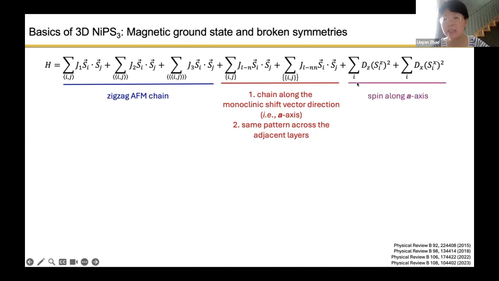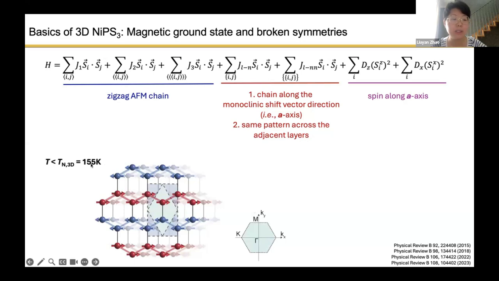Lastly, the anisotropy is going to define the spin direction itself. The easy plane will tell you that the spin is going to be in the plane, and then the easy axis is going to force the spin to be aligned along the in-plane axis direction. So picture-wise, below the critical temperature of 155 Kelvin for 3D nickel phosphorus trisulfide, the magnetic ground state is this kind of zigzag antiferromagnetic chains running within the plane and also across the layers.